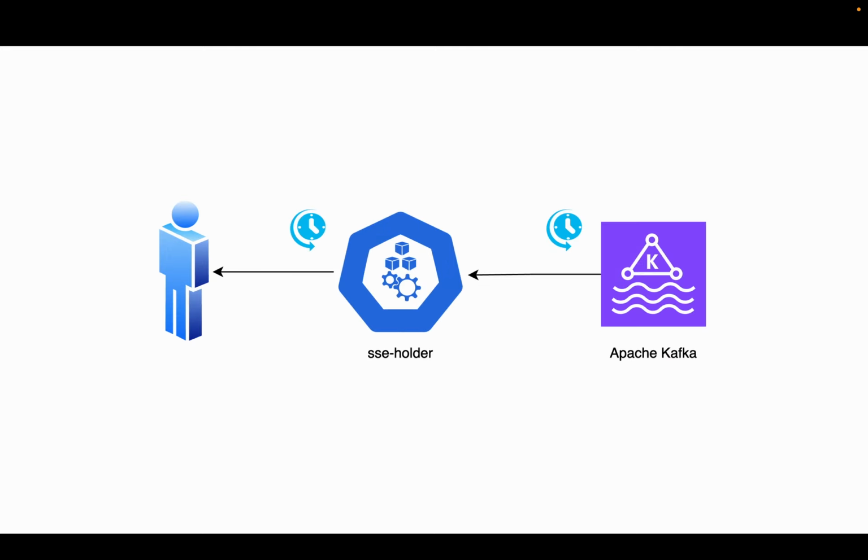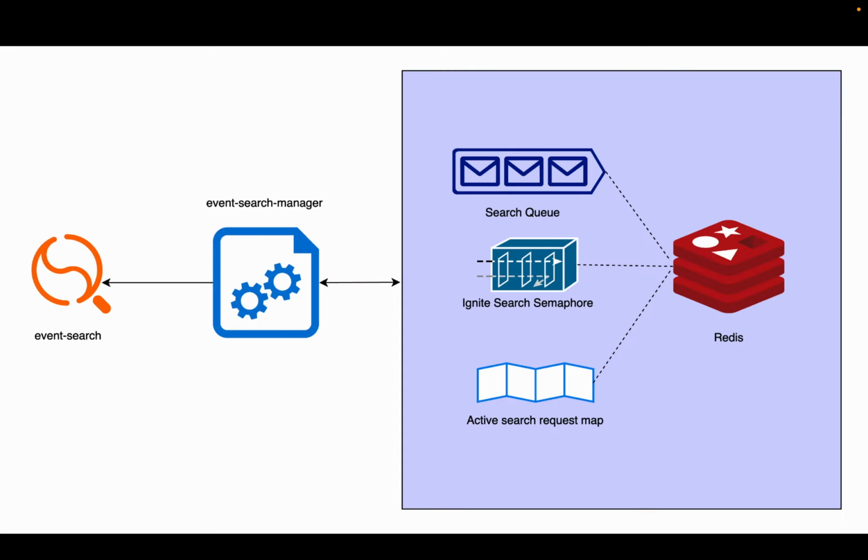A microservice called SSE holder consumes records from this topic, processes them, and notifies the user via server-sent events. This non-blocking mechanism lets the user continue working while their query is processed. If you look at this slide, Event Search Manager places search queries in a search queue.